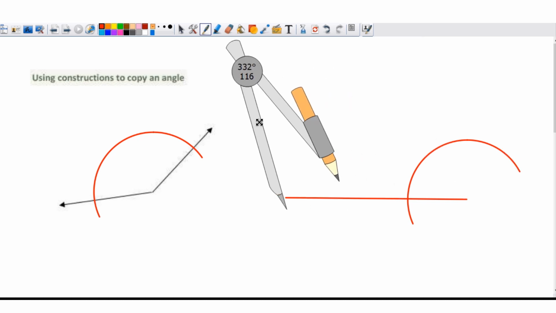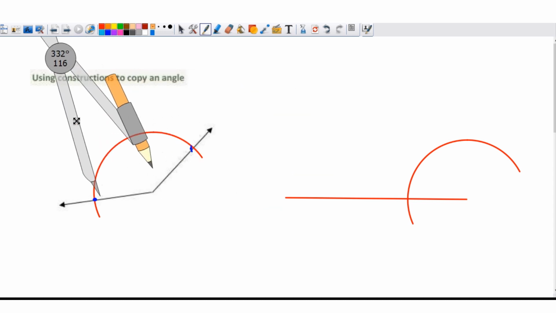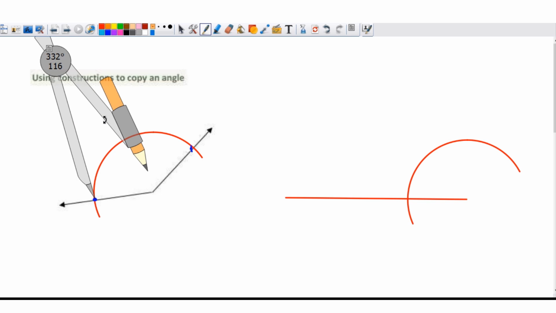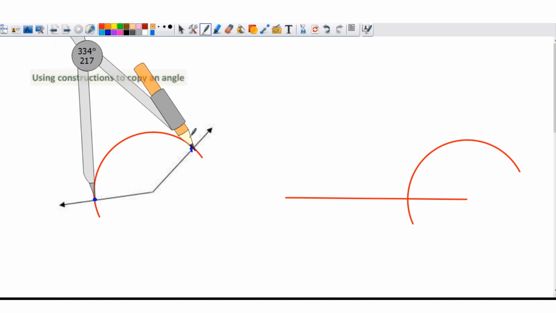Now we need to take our two intersection points here, one here and one here, and we're going to measure with our compass how wide they are. How far apart are these two intersection points? Okay, and we're going to mark here that we did that.